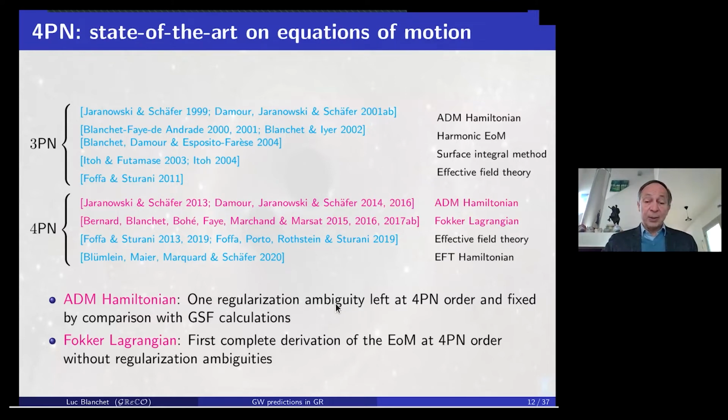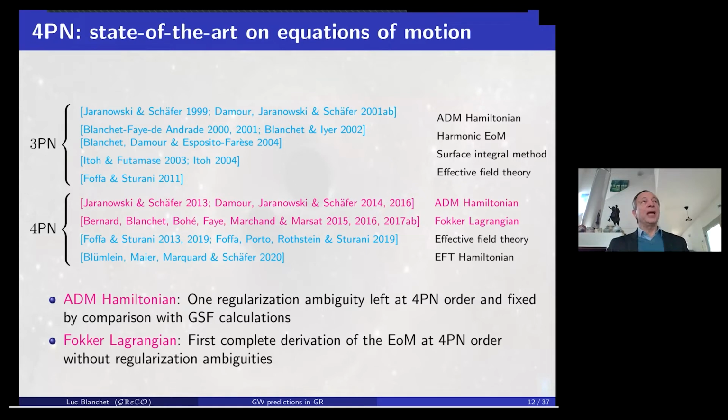And one regularization ambiguity was fixed in that approach using gravitational self-force calculations. But using the Fokker-Lagrangian in our group, this series of papers was the first complete derivation of the equations of motion at 4PN order without any regularization ambiguity.